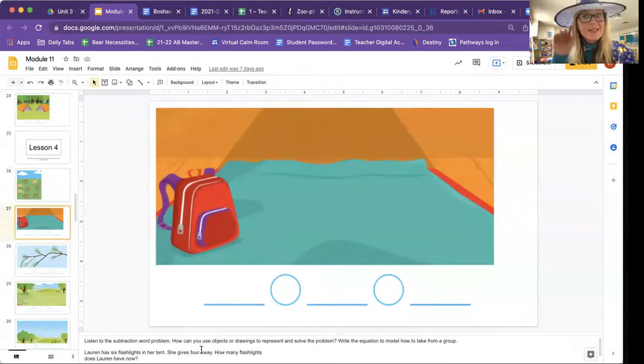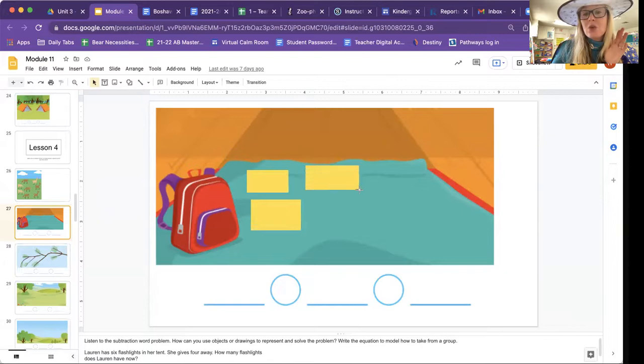Lauren has 6 flashlights in her tent. She gives 4 away. How many flashlights does Lauren have now? Well, we are going to draw flashlights in her tent. How many does she have? 6. Sounds like she's really prepared. 1, 2, 3, 4, 5, 6.